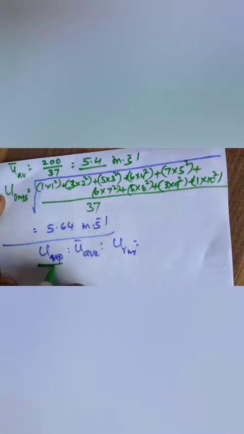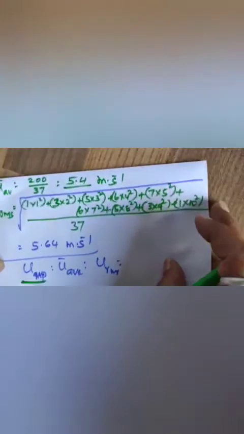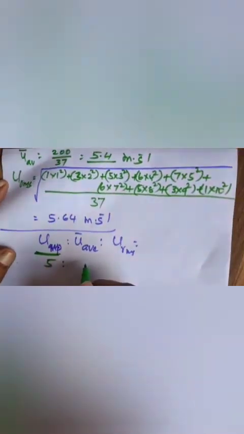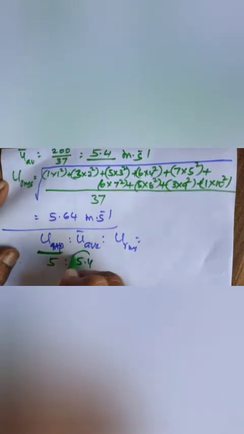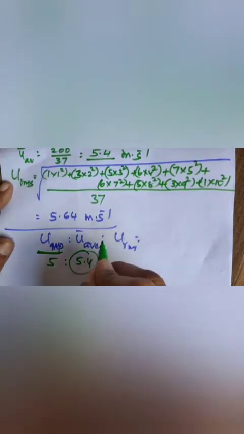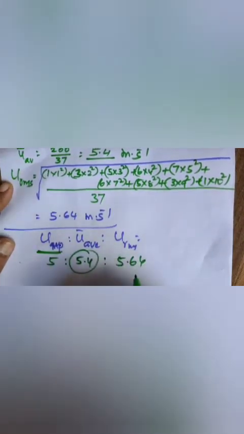As per theory, it is 5. Average velocity here is taken as 5.4, and RMS velocity is 5.64.